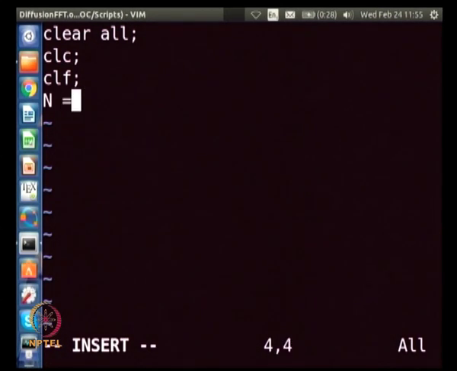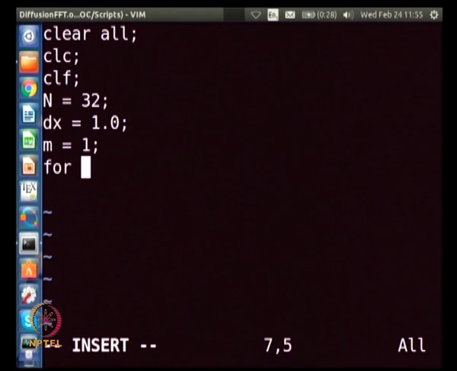So, number of grid points is 32. When we are doing Fourier transforms, we always want this number of grid points to be 2 power n. Okay. So, that is very important, and I am going to take dx to be equal to 1. So, I am going to put the same profile for I equal to 1 to n, end for.